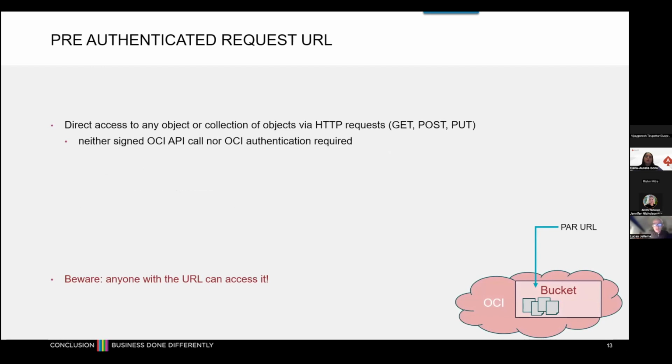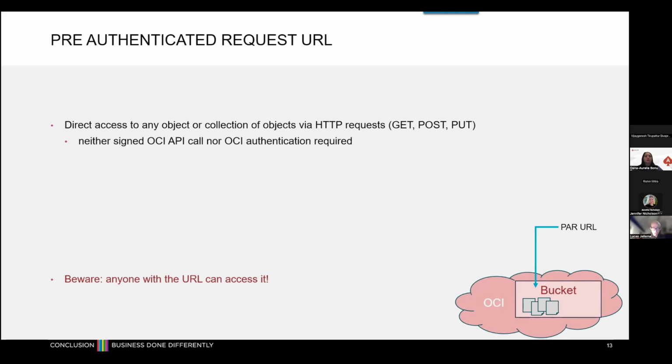And then this feature that has been around for a while, but is really extremely powerful, the Pre-Authenticated Request URL. In OCI Object Storage, you can create a Pre-Authenticated Request URL, which provides direct access to a bucket or to specific objects in a bucket. And if you have that URL, you can access the objects. You don't need any additional authentication.